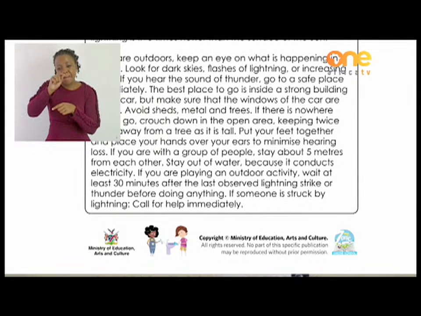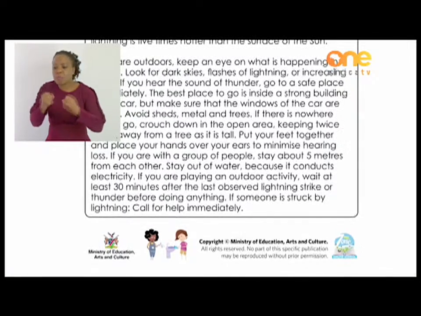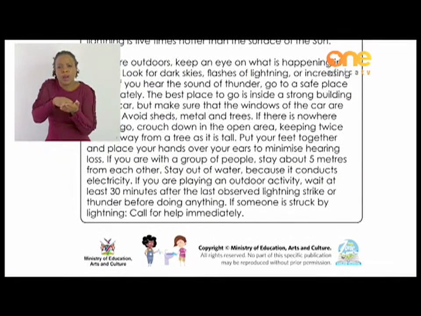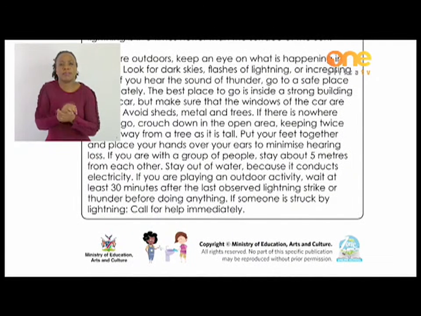If there is nowhere safe to go, crouch down in the open area, keeping twice as far away from a tree as it is tall. Put your feet together and place your hands over your ears to minimize hearing loss. If you are with a group of people, stay about 5 meters from each other.